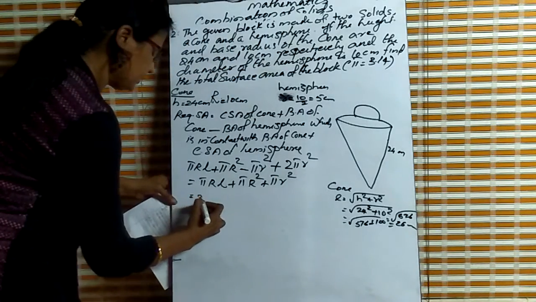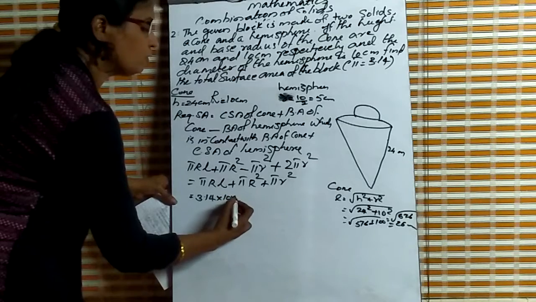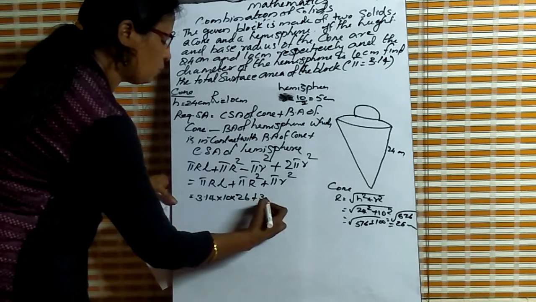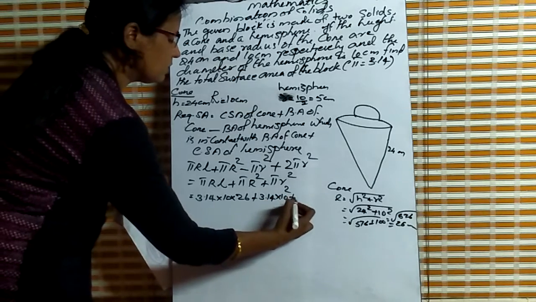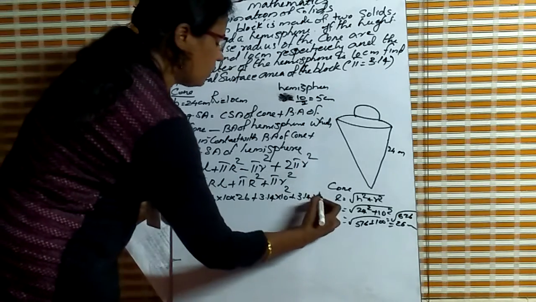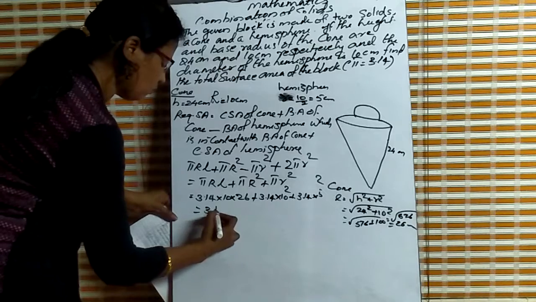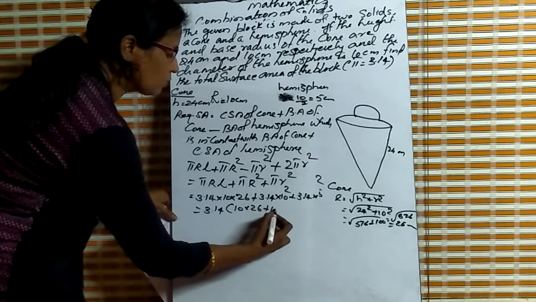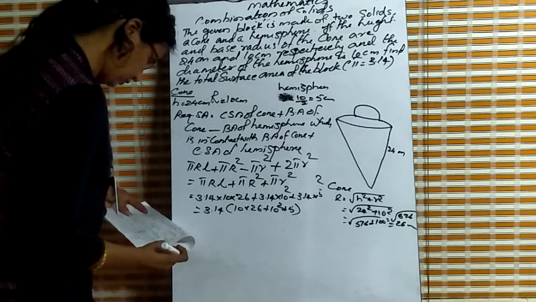So pi 3.14 into R 10 into L 26 plus pi 3.14 into R 10 square plus 3.14 into small radius 5 square is equal to 3.14 common, 10 into 26 plus 10 square plus 5.